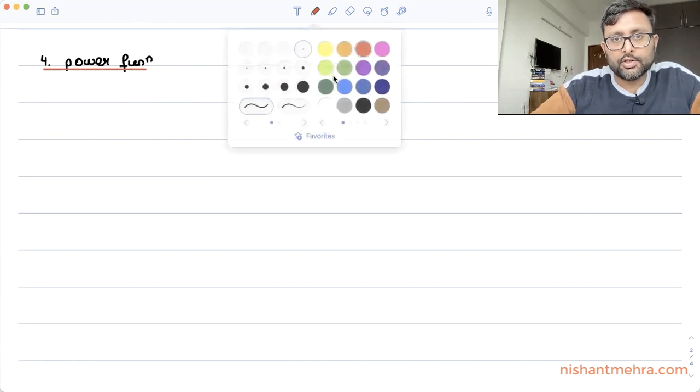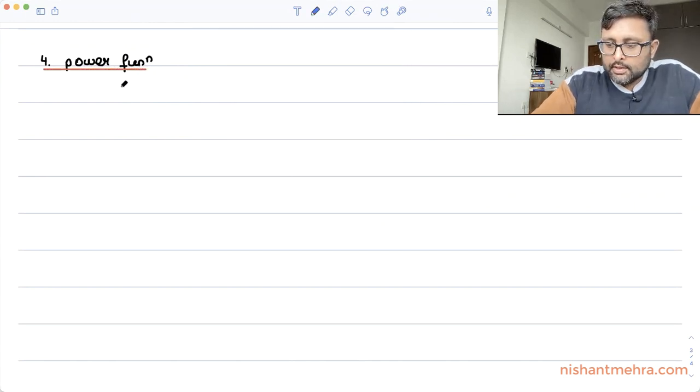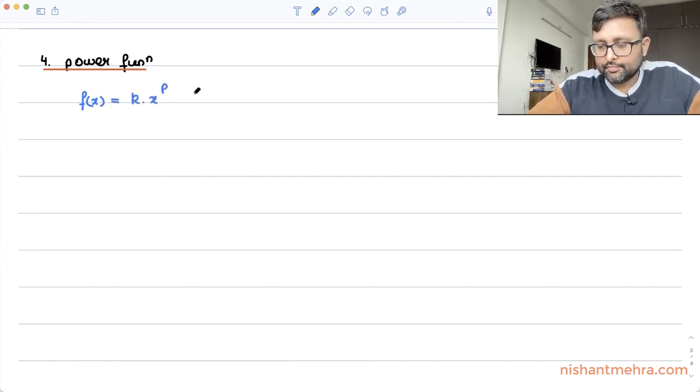It is a function which can be represented in this form: f(x) is equal to k into x to the power p, let's say, where k and p are real numbers.